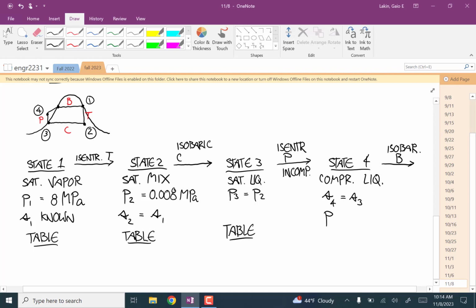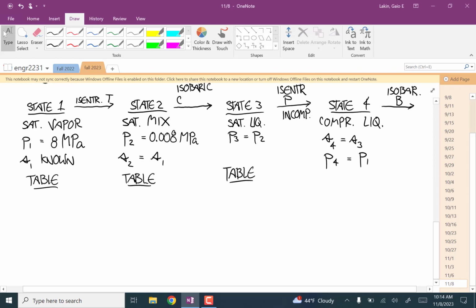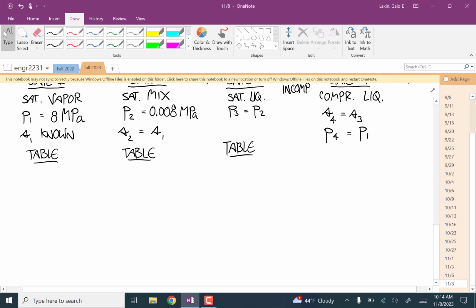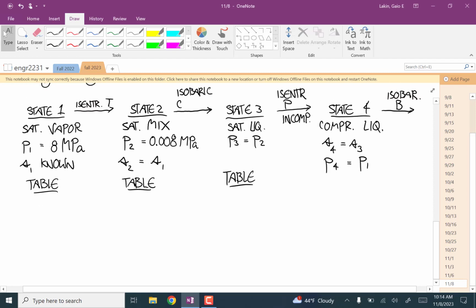So P4 is equal to P1. Okay, so now we're going to go around and just try to figure out the specific enthalpies at each of these states. Before I even think about what I'm trying to calculate, I'm just going to calculate those enthalpies.